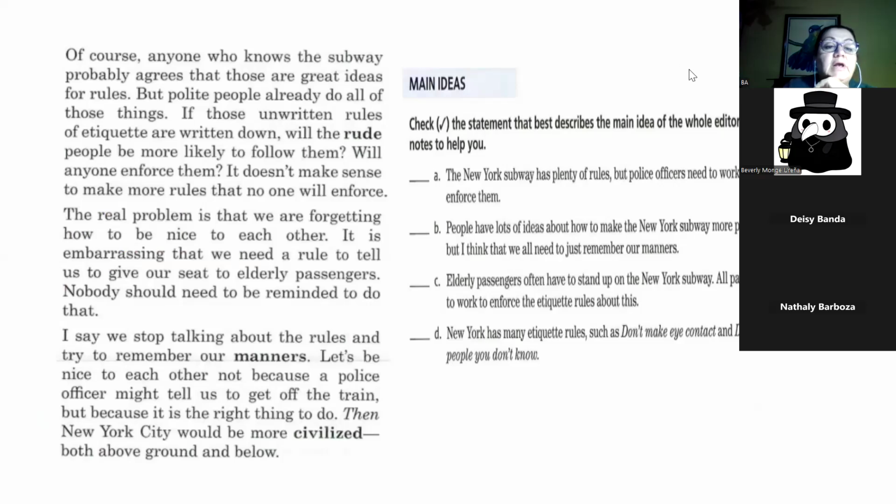of course, anyone who knows the subway probably agrees that those are great ideas for rules. But polite people already do all of those things. If those unwritten rules of etiquette are written down, will the rude people be more likely to follow them?